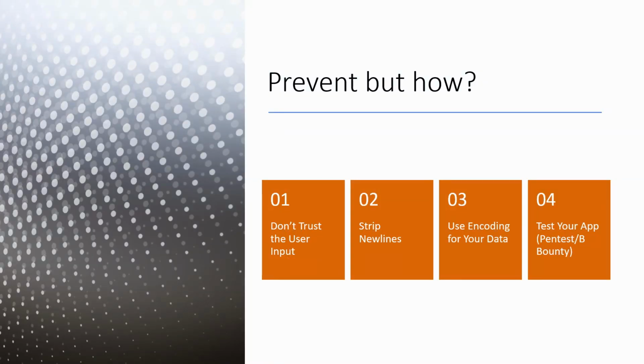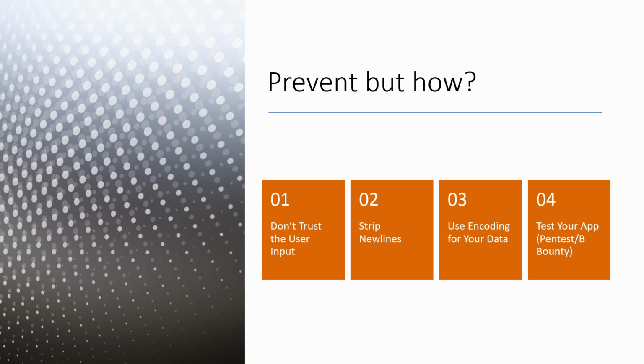Okay, how to prevent CRLF injection. Firstly, we must not trust user input. We must filter and validate. After that, we can strip new lines, and we can use encoding for our data.